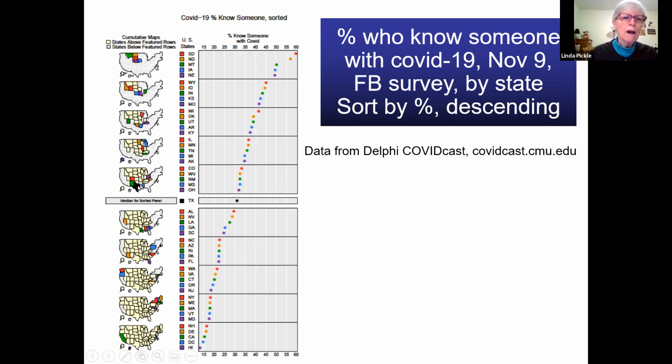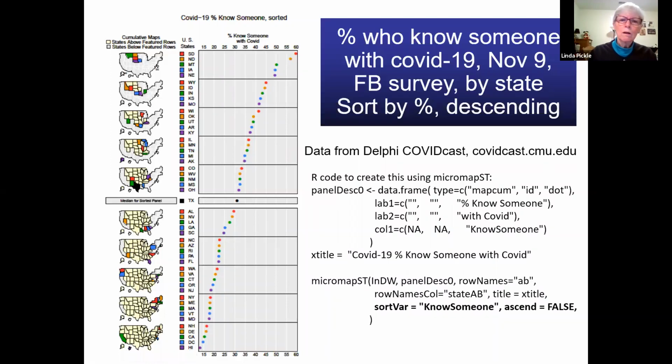Looking at the top half, we see that the coastal states are not included. So the top half are in the central part of the country. And the coastal west and east coast states are lower in value for percent knowing someone who had COVID. All we did to create this was add a sort variable at the bottom of the call, saying we want to sort in descending order by percent knowing someone.